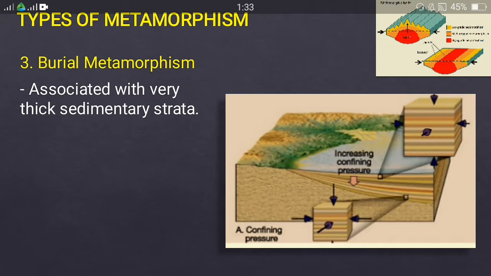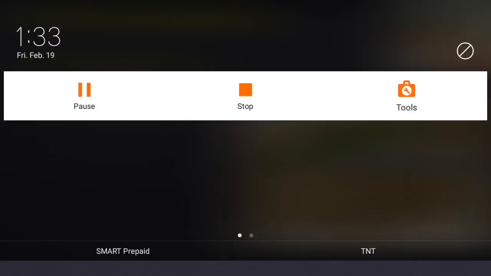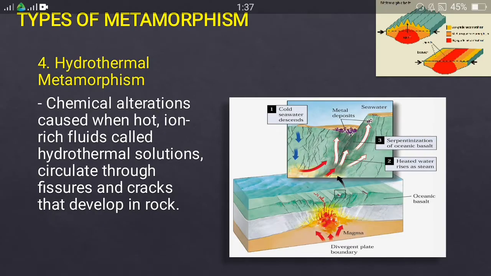3. Burial metamorphism. It occurs when rocks are deeply buried at depths of more than 2,000 meters or 1.24 miles, and it commonly occurs in sedimentary basins where rocks are buried deeply by overlying sediments. 4.